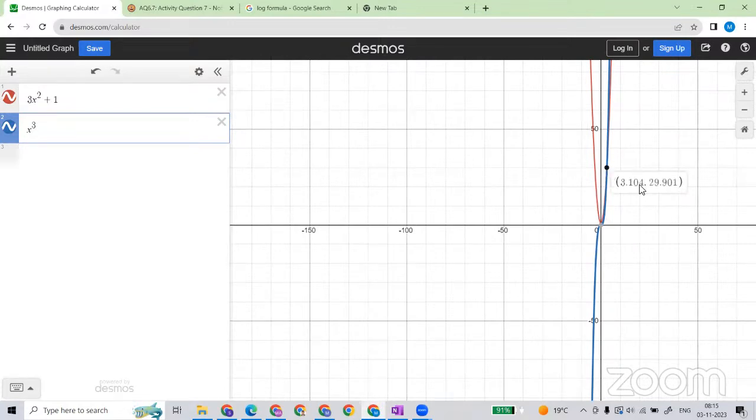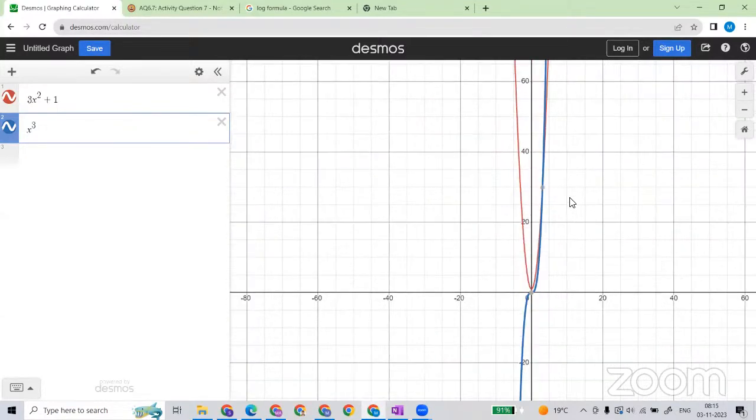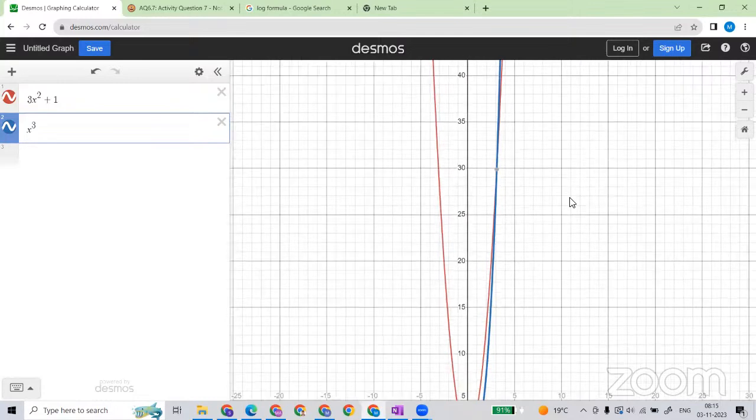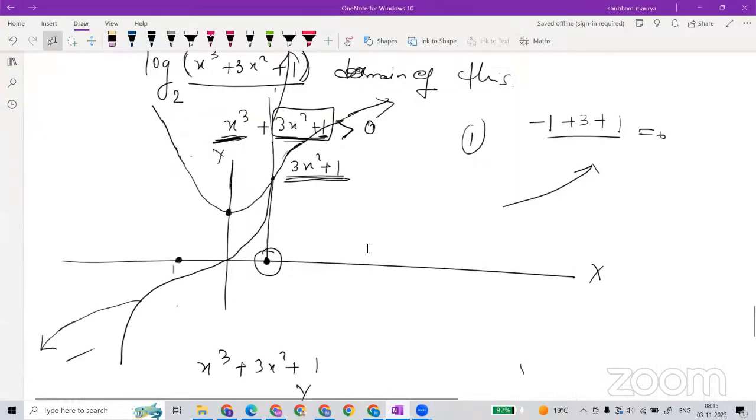That is correct. The intersection will be on the positive side of the x-axis, sir, but what we are looking for is the value 0 when we add these two graphs. If you plot the full thing in Desmos, x cube plus 3x square plus 1, the root of that will be on the negative x-axis.